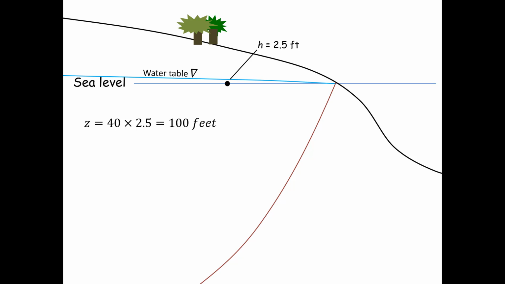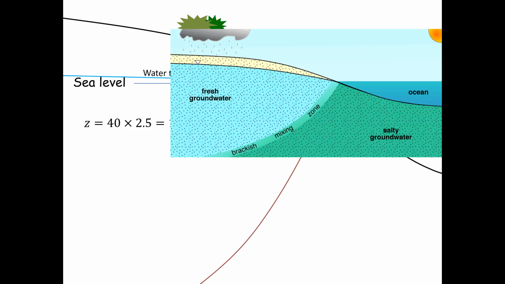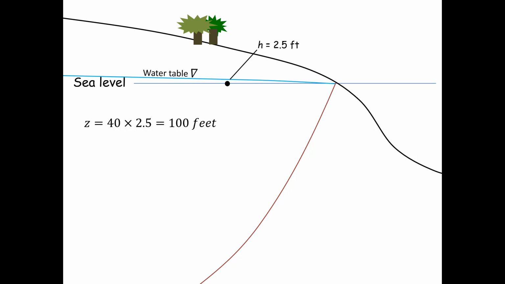Most people are surprised how deep the root of the freshwater lens is, partly because the Ghyben-Herzberg relationship is always distorted in figures to make the water table elevation more visible. For example, compare this image. To get the total thickness of the freshwater lens, you just add the part below the water table, 100 feet, to the part above the water table, 2.5 feet.